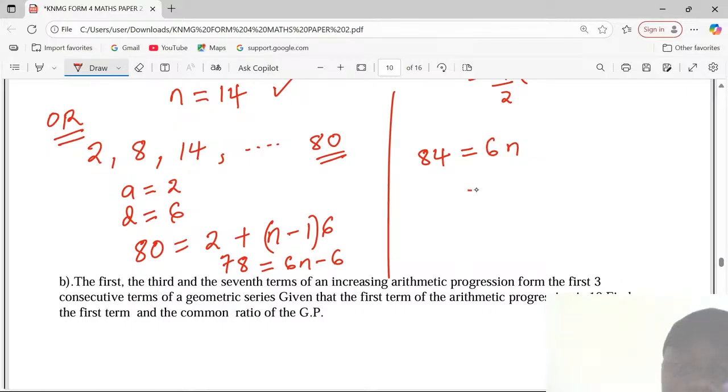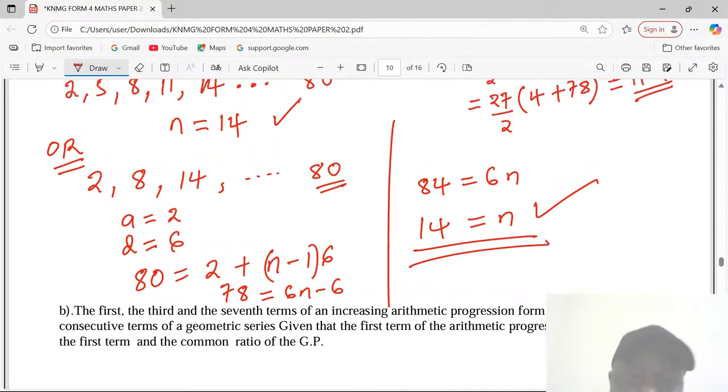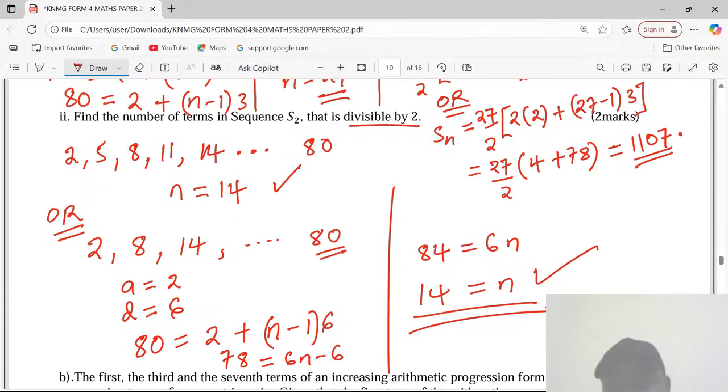When you divide through, you get 14. 84 divided by 6, yeah, 14. So the number of terms is 14. It's like we are changing the pattern so that we may seclude the even numbers from 2 to 8 to 14, like that.